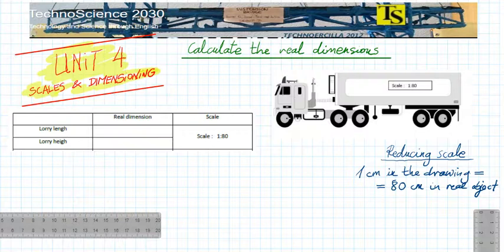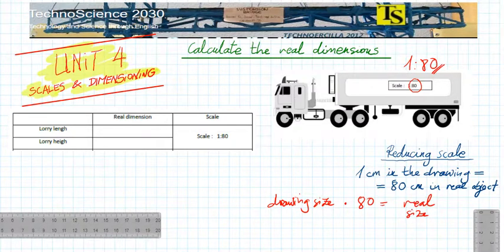The ratio of the scale in this case is 80. The scale is 1 to 80 and 80 is the ratio. So we have to multiply the drawing size by the ratio, which is 80, and then we get the real size.